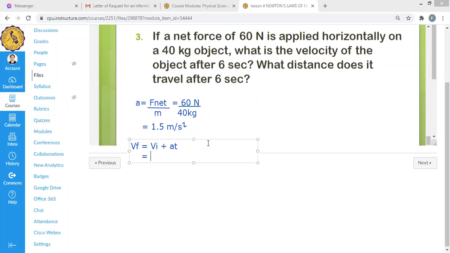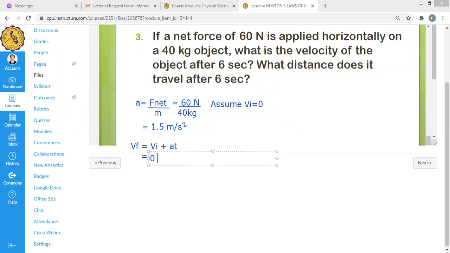Those are things that need to be implied in the problem, although it's not mentioned. We will assume that V sub I is equal to 0. Without that assumption, we will have a lacking value here, a missing given.